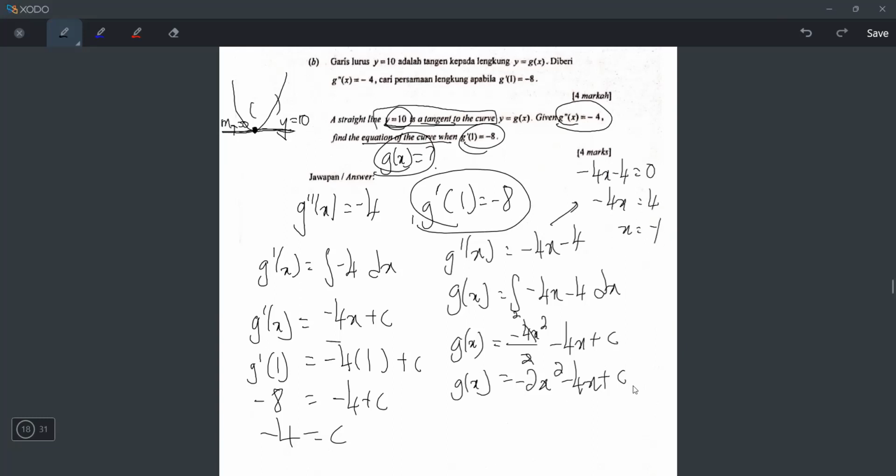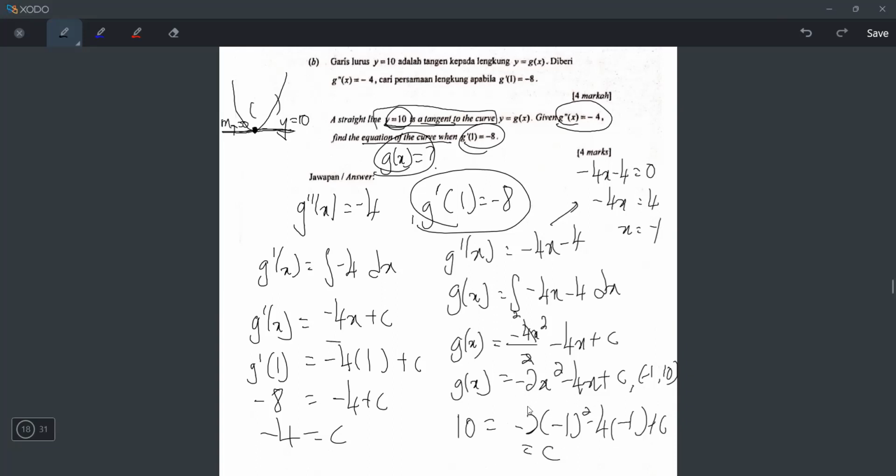It means I can substitute negative 1, 10, right? Means when dy dx equals 0, x equals negative 1, okay? And y equals 10. And the 10 I can substitute into my gx, negative 2x squared minus 4x plus c, and here will be negative 1.